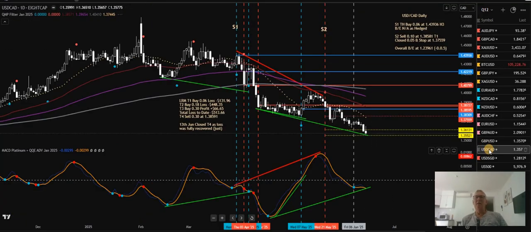Right, USDCAD, another one giving me a bit of grief, but we did have some good news on the loss recovery. LRM trade 1, we had a few losses built up. Trade 4 was the last trade and had a loss of about $514. Yesterday, Friday, I closed trade 4 as the loss was fully recovered just by a couple of bucks.